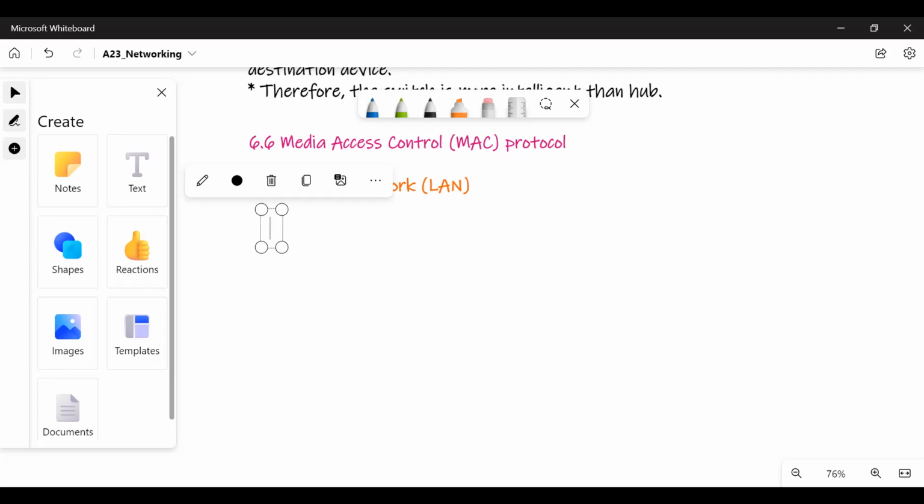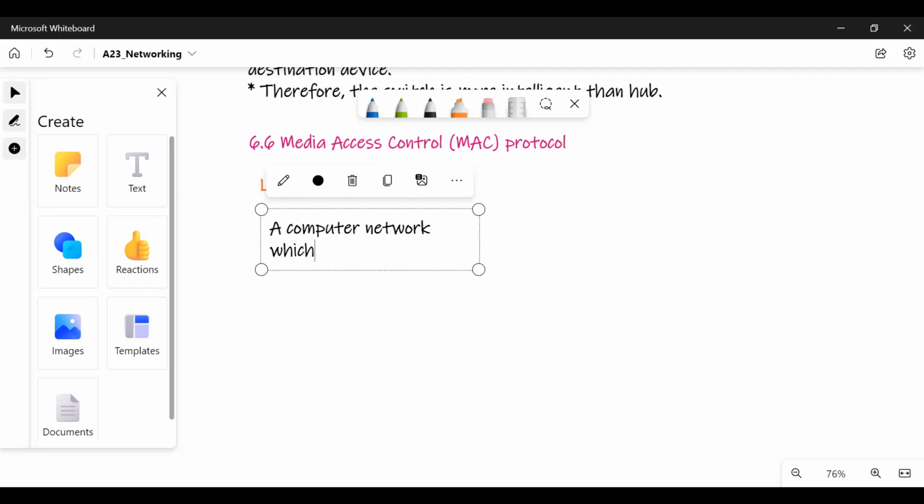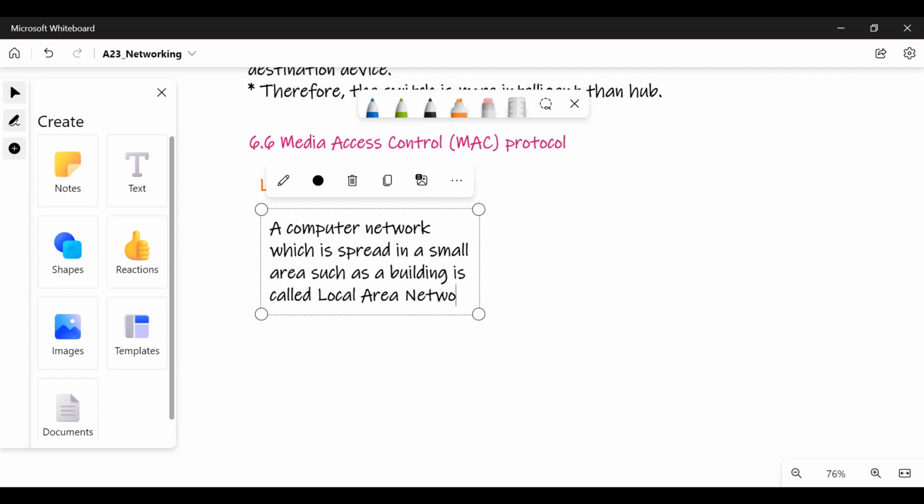So let's start with the local area network. It is a computer network we create within a building. Within a building, we can call it a local area network.